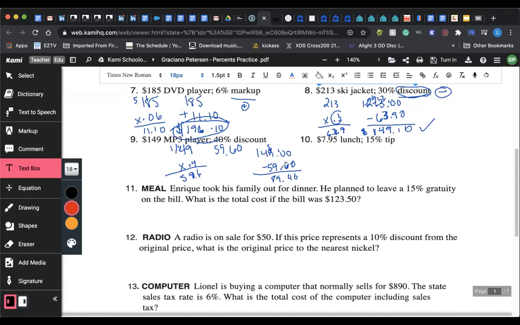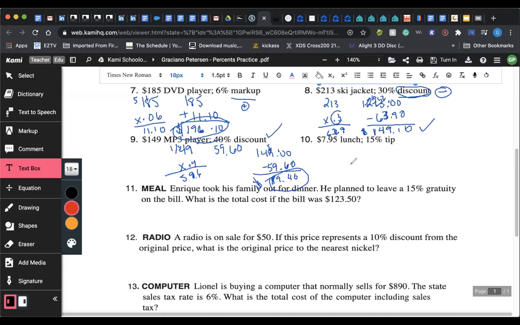Okay, perfect. $89.40. Perfect. Okay, that works. Love it.